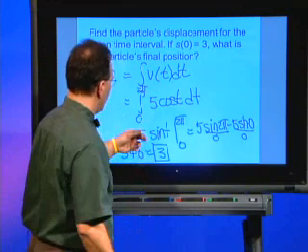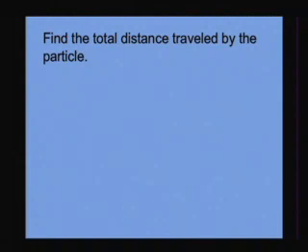So let's move to that. Find the total distance traveled by the particle. So remember, total distance is equal to the integral of the absolute value of velocity.